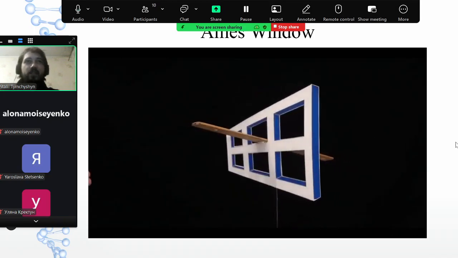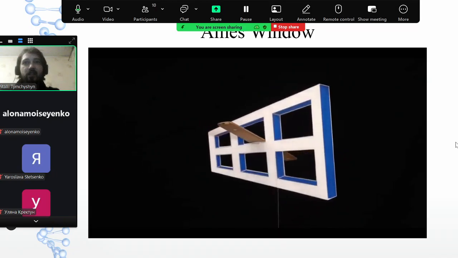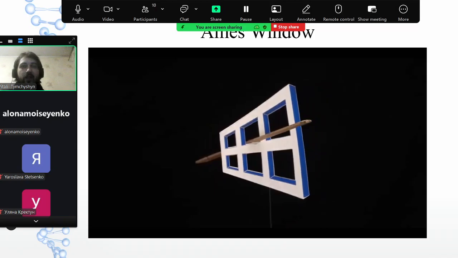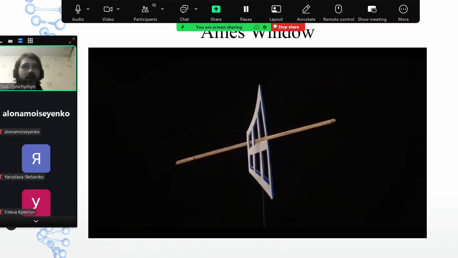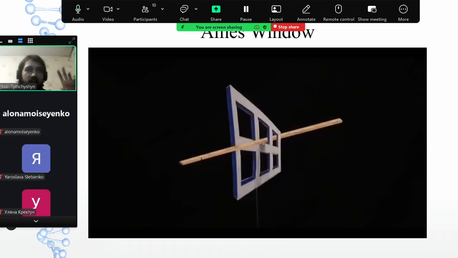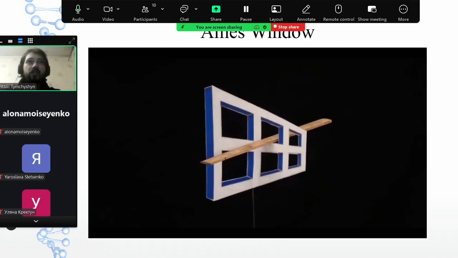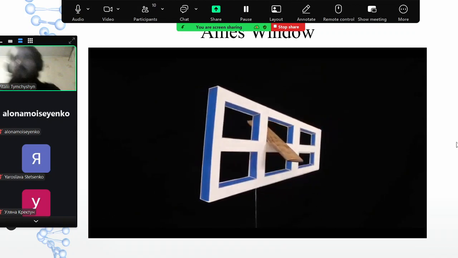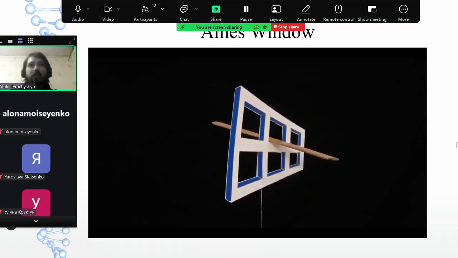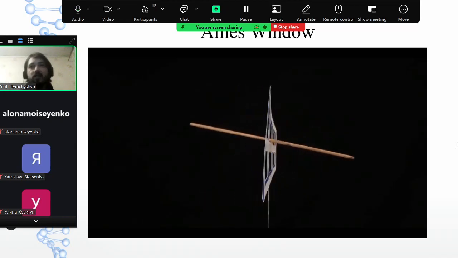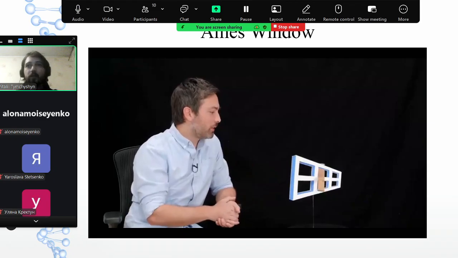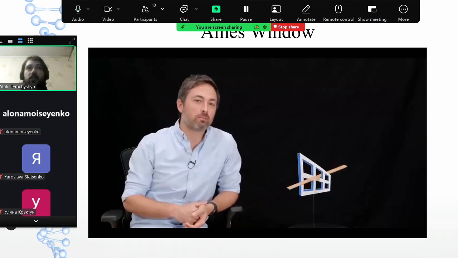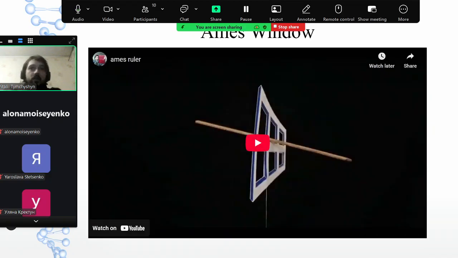So basically the ruler is attached to this sort of cardboard, and the cardboard with the ruler rotates in just one direction. But if you look at this video, you might see that they rotate in something like opposite directions.